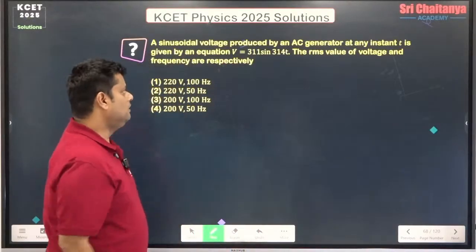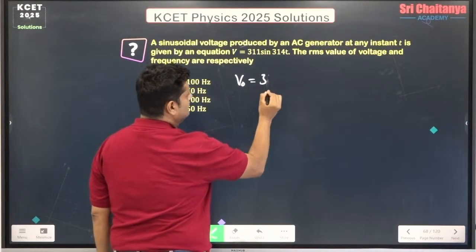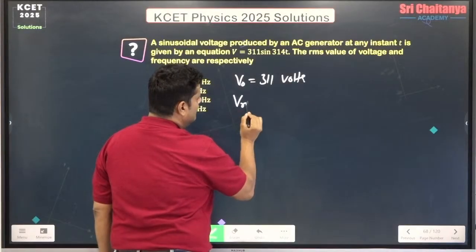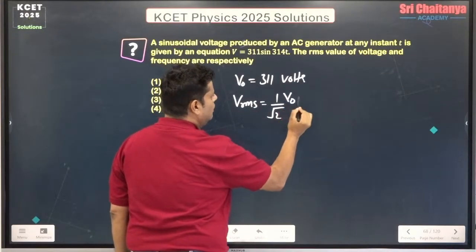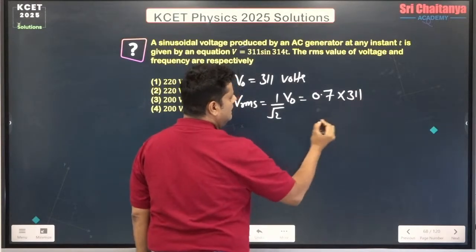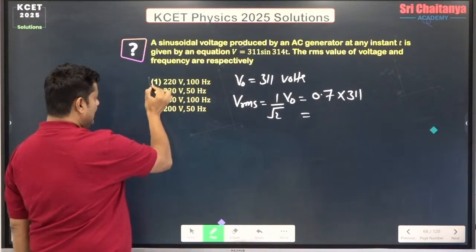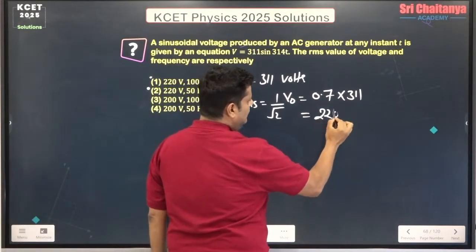So we have V is equal to 311 sin 314t. V naught, the peak voltage, is 311 volts. And what is VRMS? We all know VRMS is 1 by root 2 times V naught, which is approximately 0.7 into 311 volts. If you multiply, that comes out to be 220 volts.